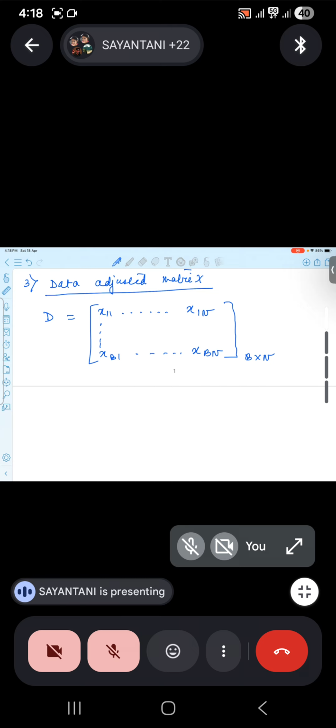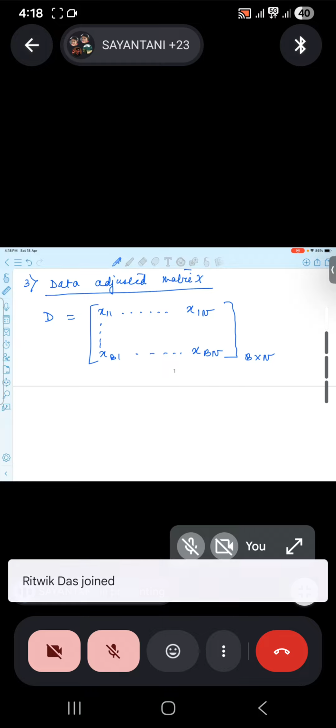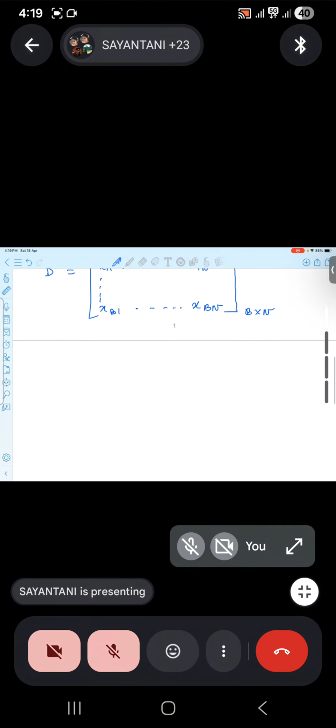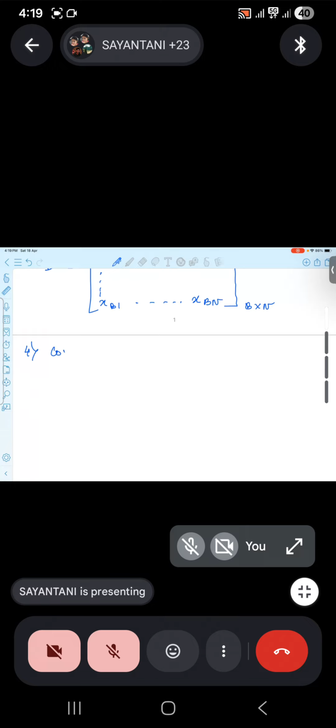Now upon this matrix, you are going to apply your PCA, that is your principal component analysis, so that you can eliminate the most irrelevant or redundant features and retain the most important information. So the next step is covariance matrix computation.